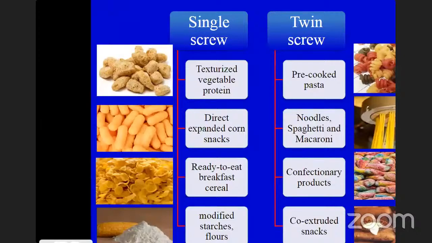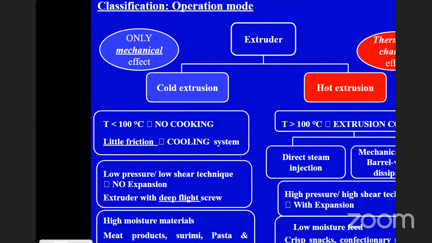For example, single screw machines are used for making texturized vegetable protein and direct expanded snacks, while twin screw machines could be used to produce pre-cooked pasta and other different kinds of pasta, and also to produce confectionery products as seen in this slide.